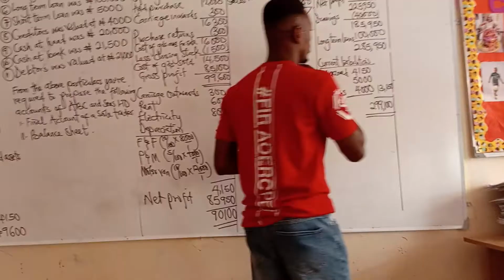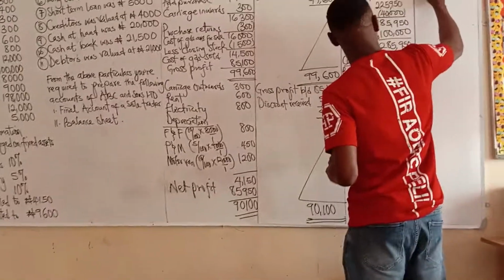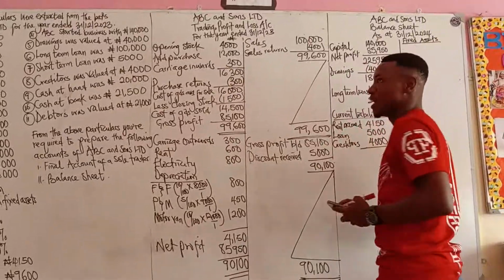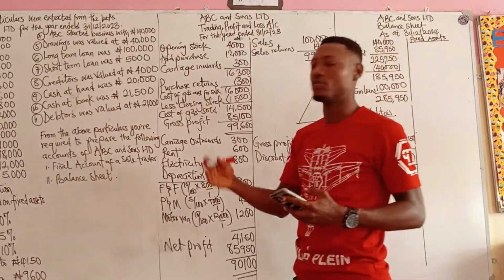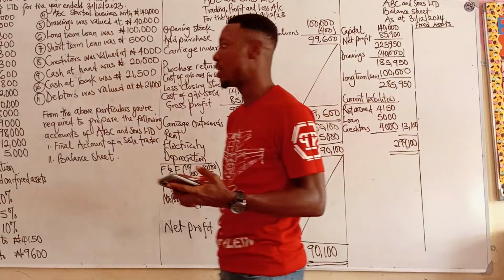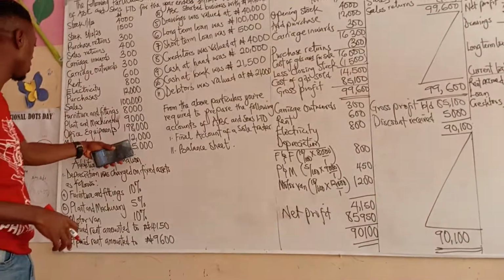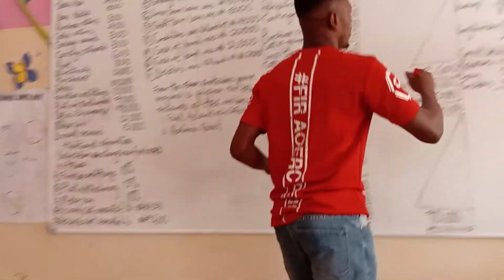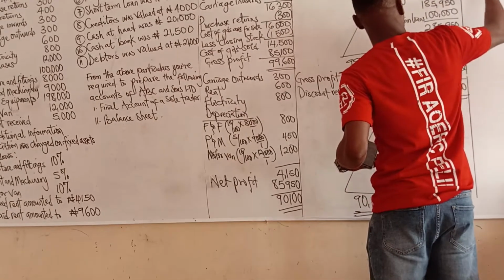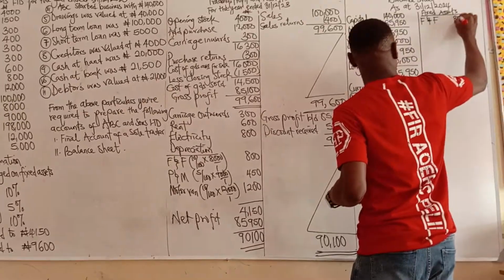Now, if we come to the credit side, first of all, I have my fixed assets. Fixed assets are those assets in an organization that are long-lasting. That is where you have your plant and machinery, furniture and fittings, motor van and office equipment. So I'm going to get all these four as my fixed assets. We have furniture and fittings, so because of space, I'll use F and F, which stands for furniture and fittings, and the sum is 8,000.